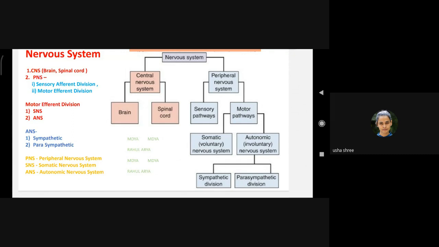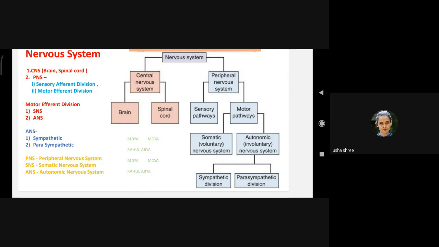After an external stimulus comes to you, meaning you see the snake, your sensory organ, your eyes, receive the information that you are seeing a dangerous, fatal, or poisonous thing in front of you that may harm you. That sensory information goes to the brain.